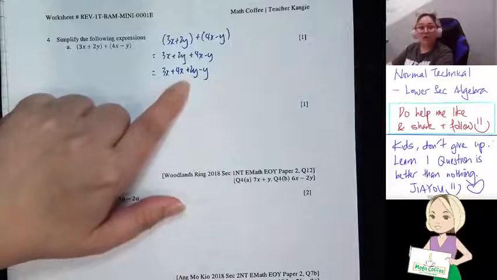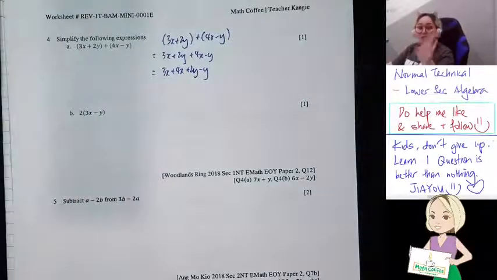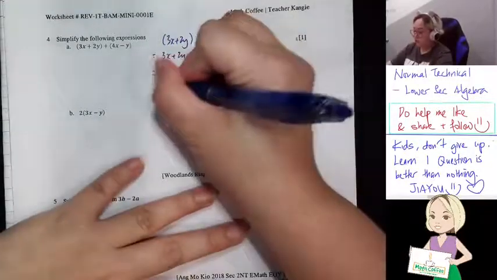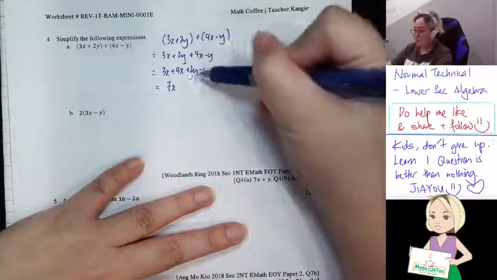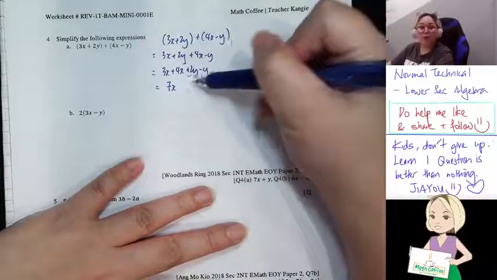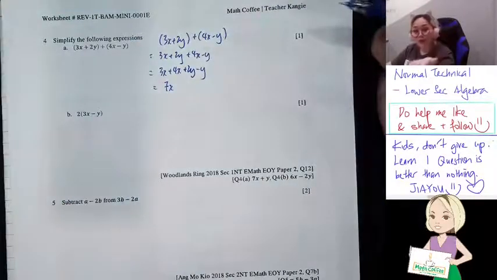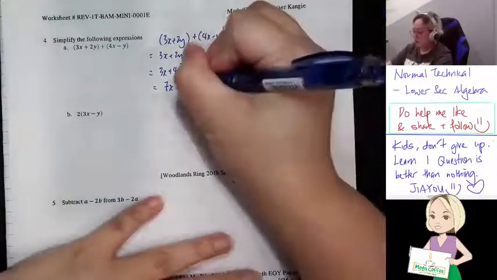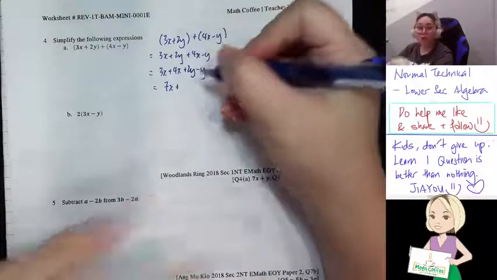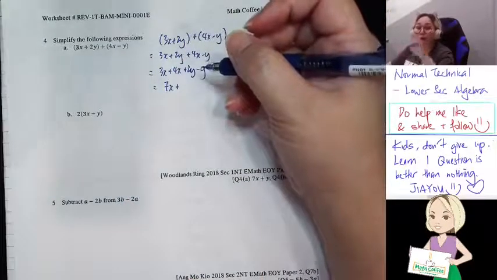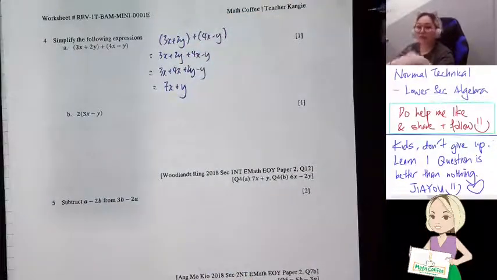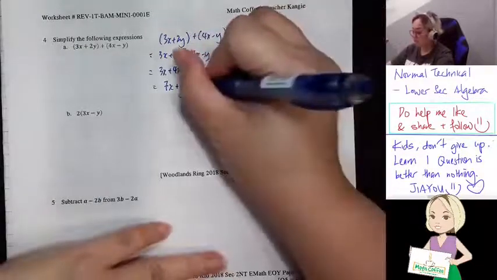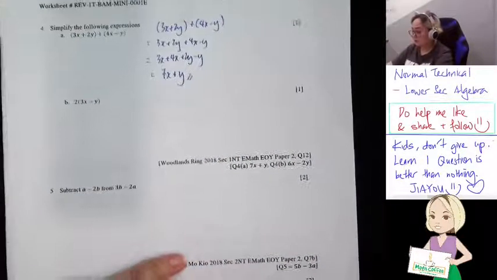So 3x plus 4x, you just press the calculator. For 3 plus 4, it gives you 7. So you know it is 7, and just make sure that you remember to put back the x. Then you have positive 2y minus y. So that means it's 2 minus 1, which is 1. So it is actually just positive 1, but we don't need to put plus 1y. You just put plus y. And 7x plus y is already the final simplified version. So you cannot further simplify. So this is the answer.